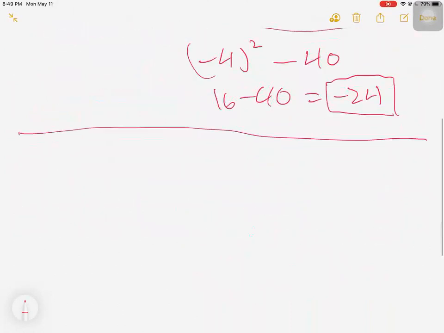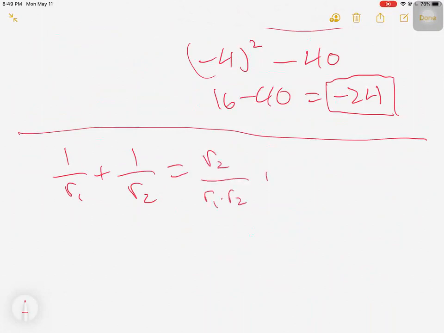And then finally, we're going to find 1 over r1 plus 1 over r2. This is so common in a lot of different competitions, and you'll see it later in the next question. Notice that we just make common denominators. We can write this as r2 over r1 times r2 plus r1 over r1 times r2, which is just equal to r1 plus r2 over r1 times r2.